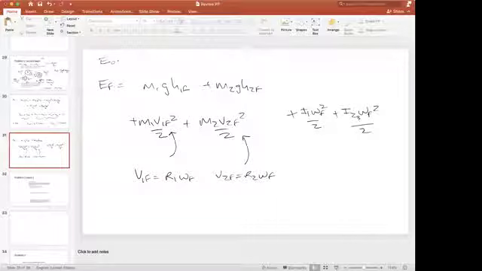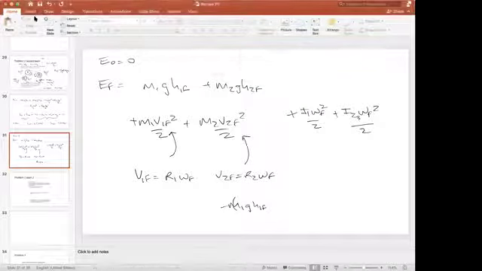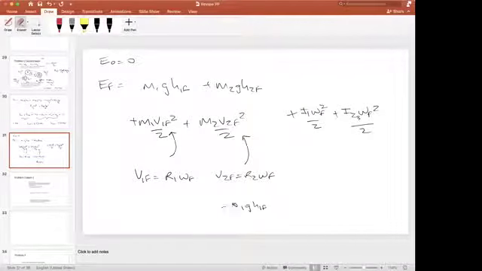Remembering that we basically said E initial was 0, we get that minus M1 g h1 final minus M2 g h2 final will be equal to all this stuff times omega final squared.